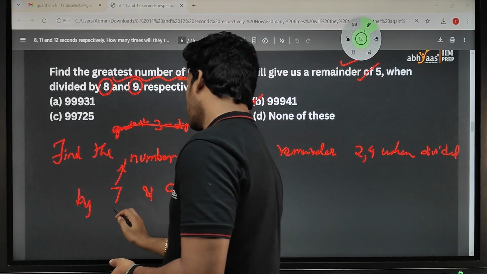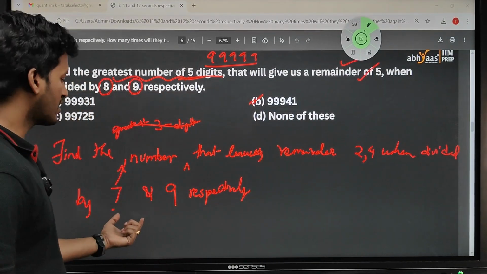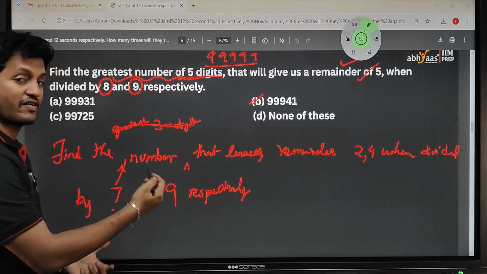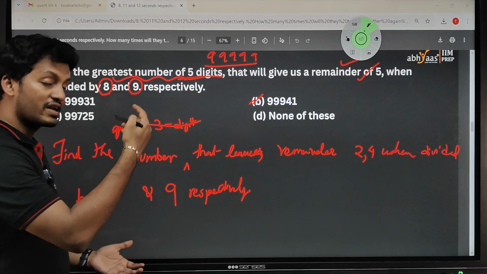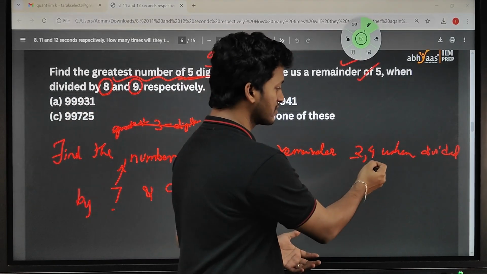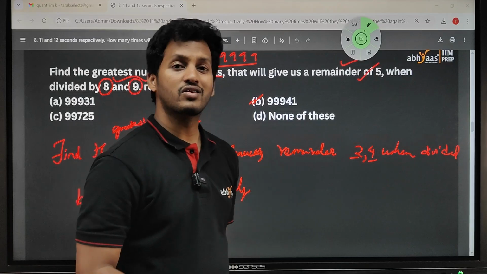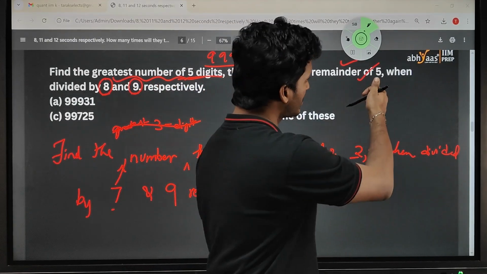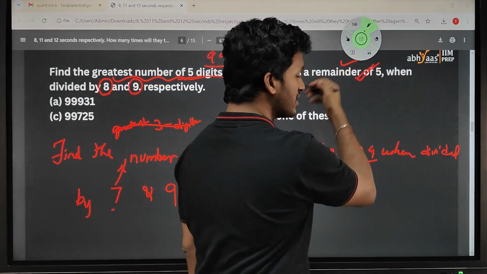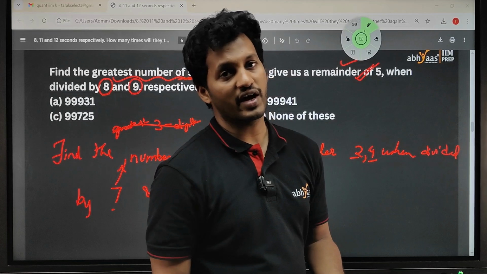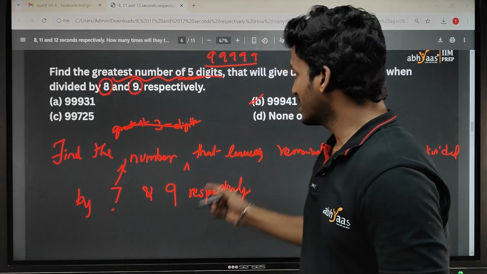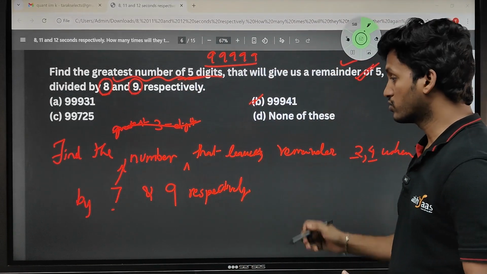You will find the number which is divisible by 7 and 9 first, and remove the remainders. But to remove the remainder, both are not the same here. In the earlier case, the remainder was 5 in both cases. That's why I could add 5 directly to that number. But here it is not the same case. So what to do?